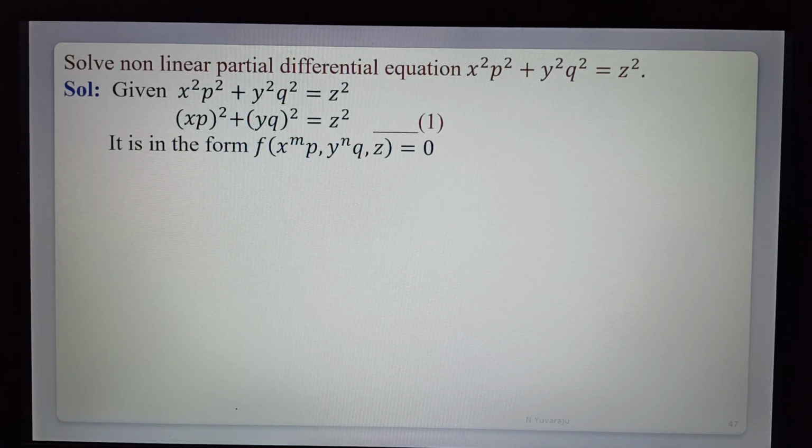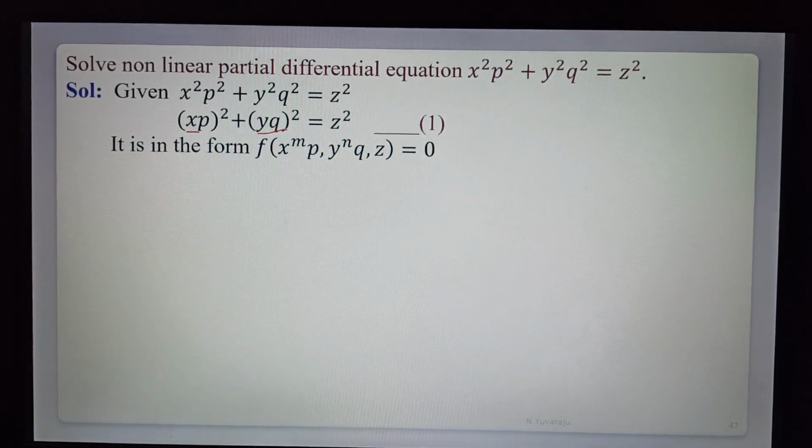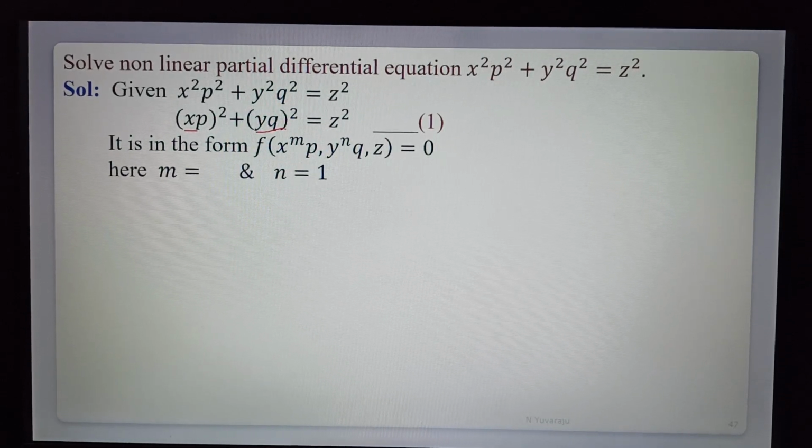So it is in the form f of (x power m p, y power n q, z) is equal to 0, where x power 1 and y power 1, so m is equal to 1, n is equal to 1.